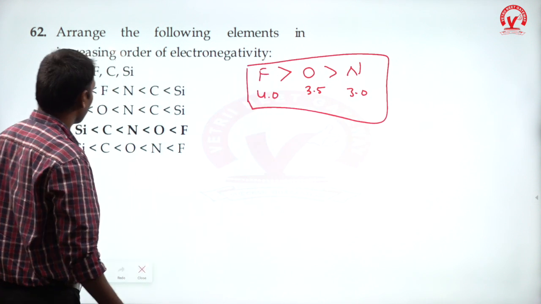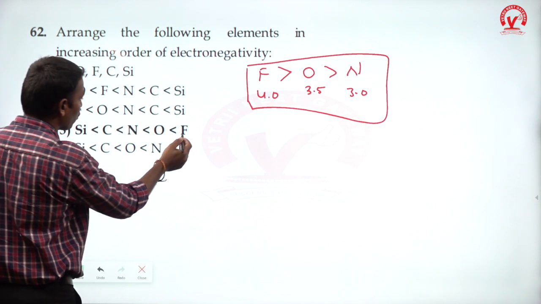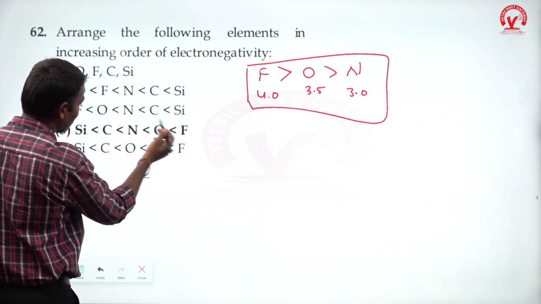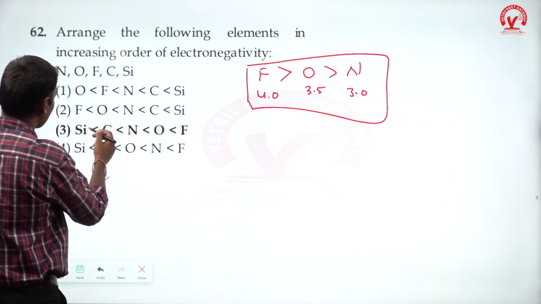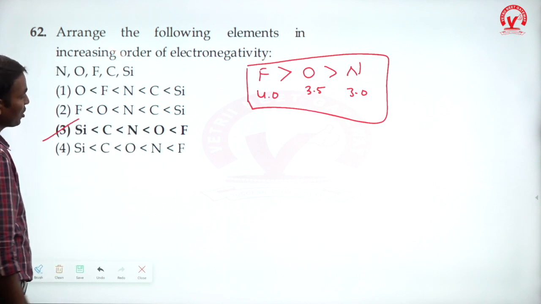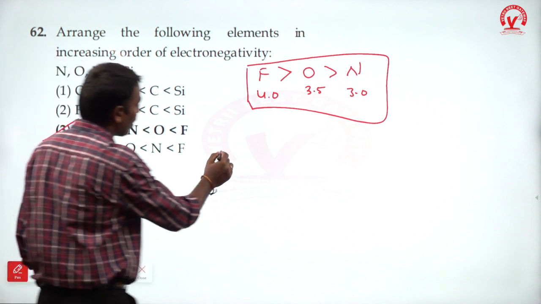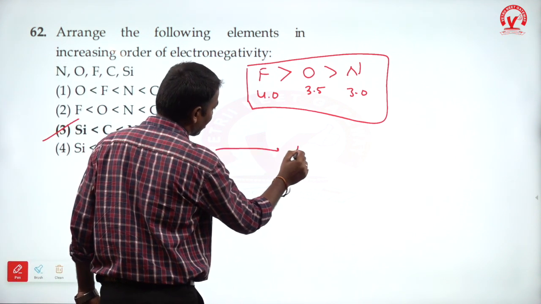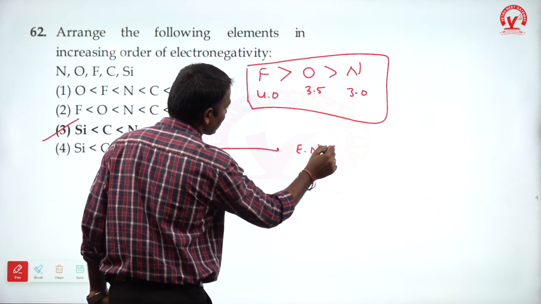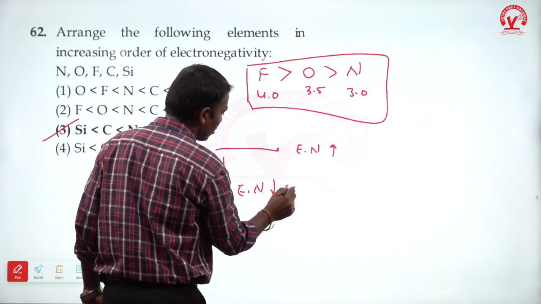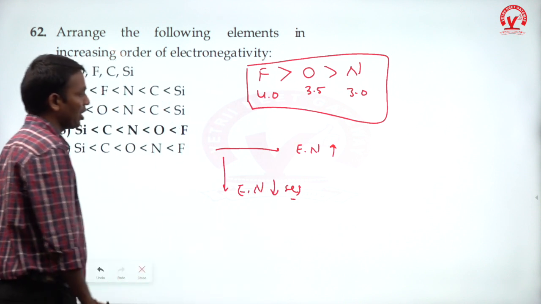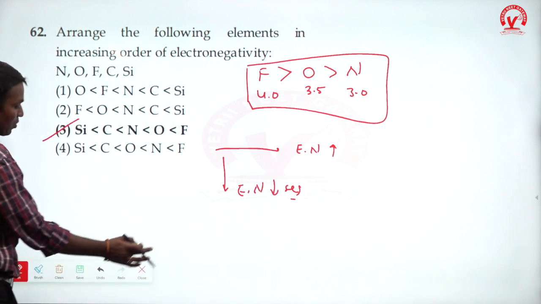So the order is fluorine, oxygen, nitrogen, then carbon, then silicon. So option 3 is the correct answer. Left to right in the periodic table, electronegativity increases, top to bottom electronegativity decreases. This is the trend we have to remember. Then move on to the next question.